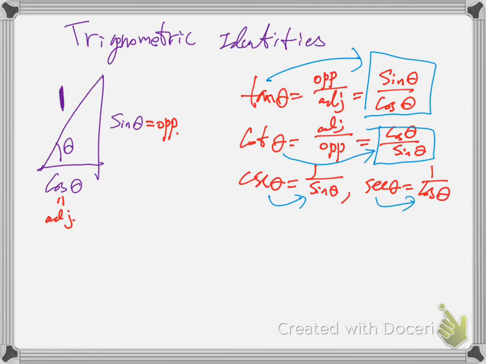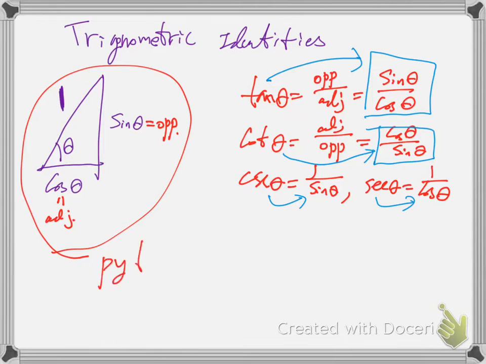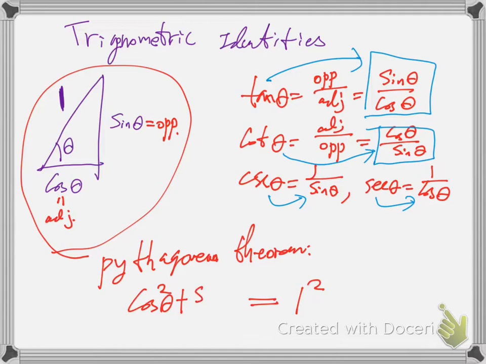And then the most important property is the Pythagorean theorem for this triangle. We have hypotenuse 1 squared, and then the bottom squared, cosine squared, plus the opposite squared, sine squared. 1 squared is 1, so we get cosine squared plus sine squared is 1.